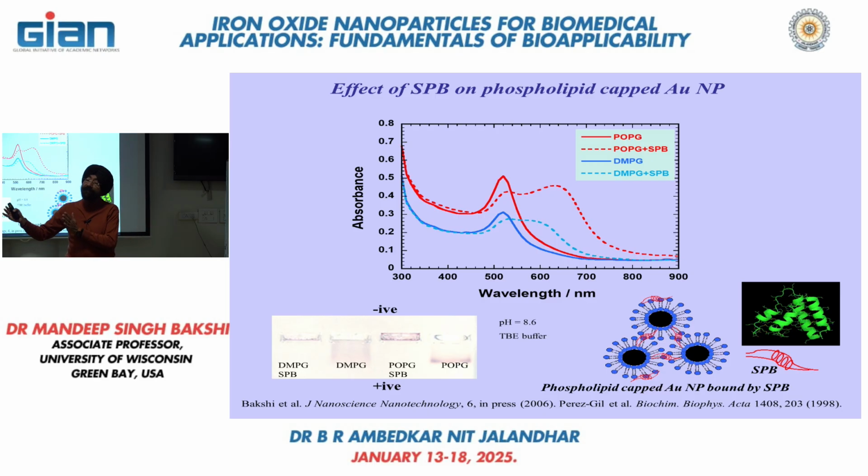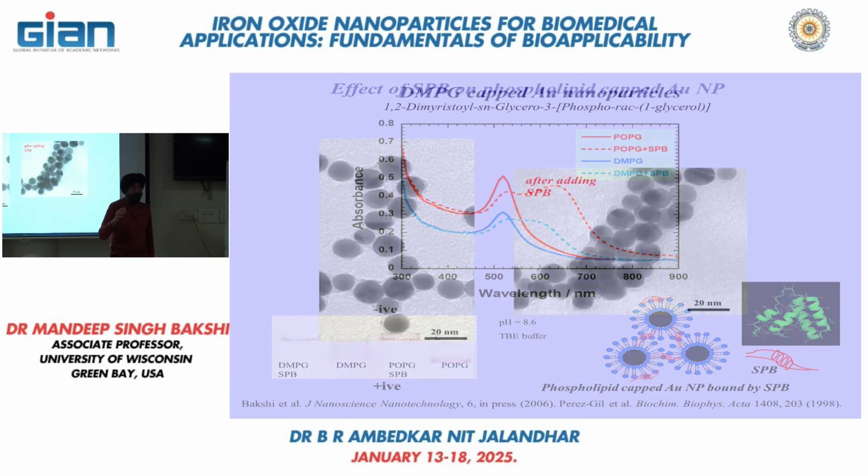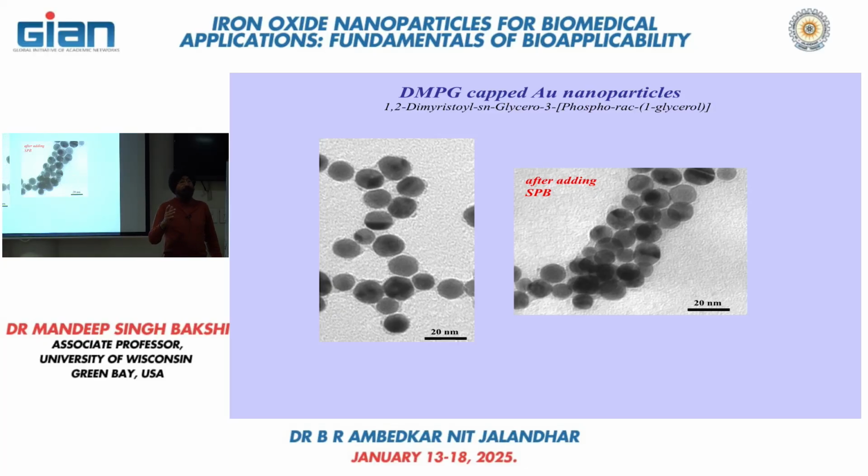What is the meaning of the shifting towards the higher wavelength? Whenever you have the aggregation in the nanoparticle from here to here, any aggregation which happens in the gold nanoparticle suspension, it instantaneously shifts the gold nanoparticle absorbance to the higher wavelength.